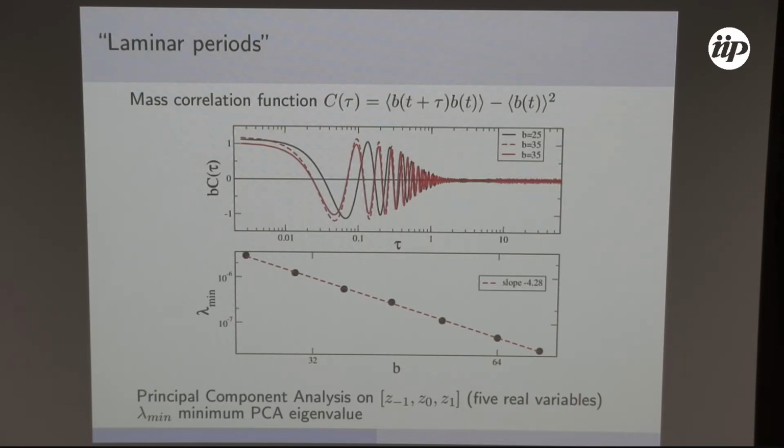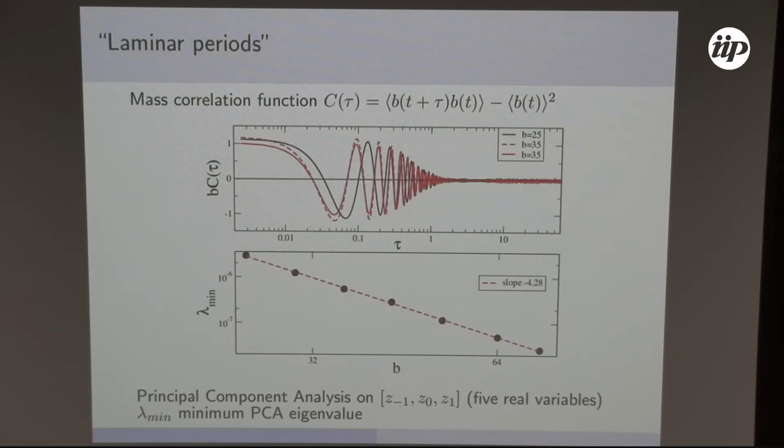It turns out that from this correlation matrix, you have one minimum eigenvalue that is very, very small. This is the behavior of this eigenvalue as a function of the initial breather mass, and you see that there is a power law decreasing as a function of this B.